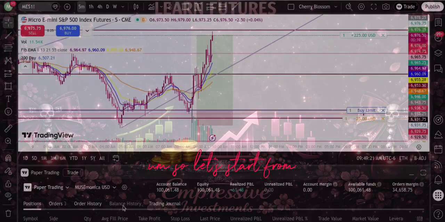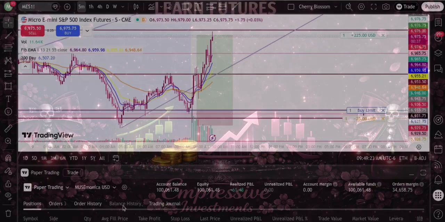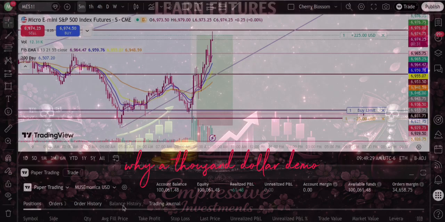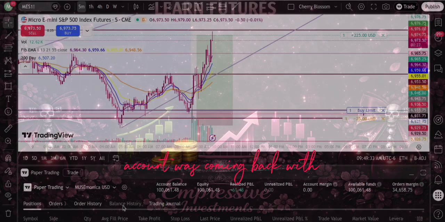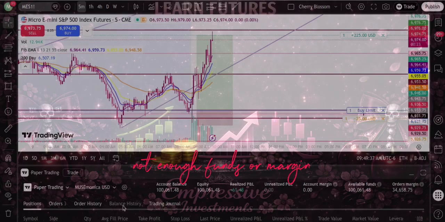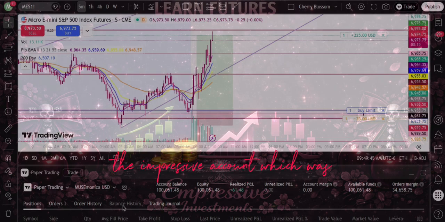So let's start from the top. I asked ChatGPT why a $1,000 demo account was coming back with "not enough funds or margin," and why my order was being rejected, right? So I did the setup, but I did it on the Impressive account, which was $1,000, instead of the Muse account, which was 100K.